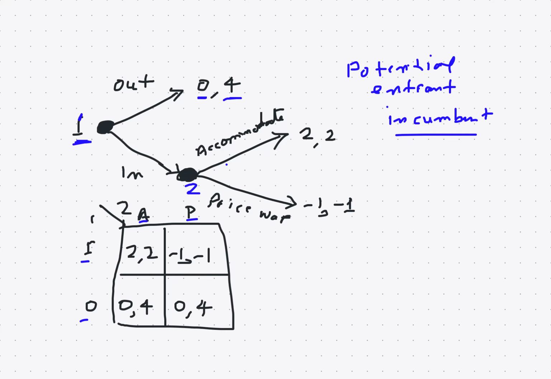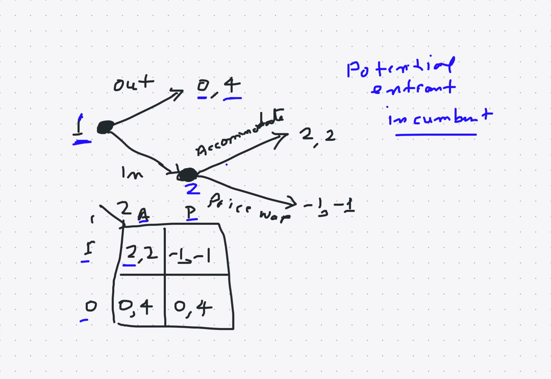All right. If we solve this normal form game using the concept of Nash equilibrium, you will realize that we have two pure strategy Nash equilibria in this game. Player one will choose to move in if player two accommodates, right? That's the best response. And if player two initiates a price war, then the best response for player one is to stay out.